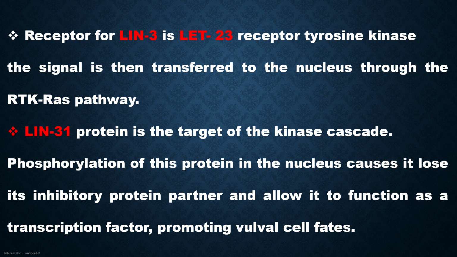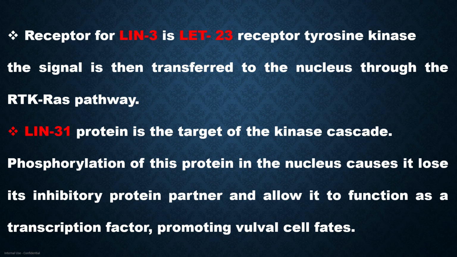If P6.p, P5.p, and P7.p are destroyed, what will happen? The nematode is still left with P3.p, P4.p, and P8.p. These remaining three vulval precursor cells will form the vulva because Let23 is present in all these vulval precursor cells.